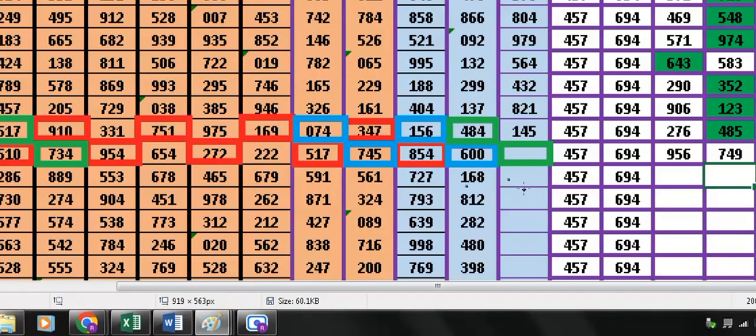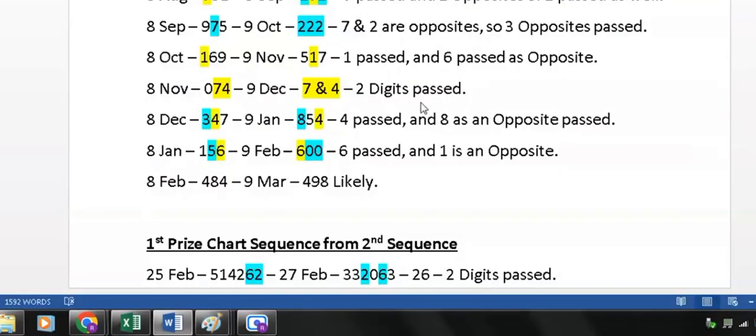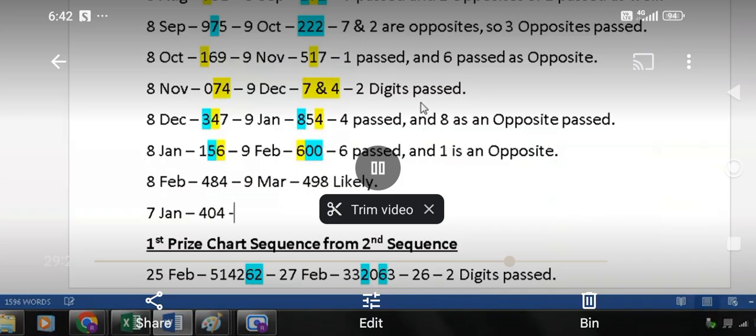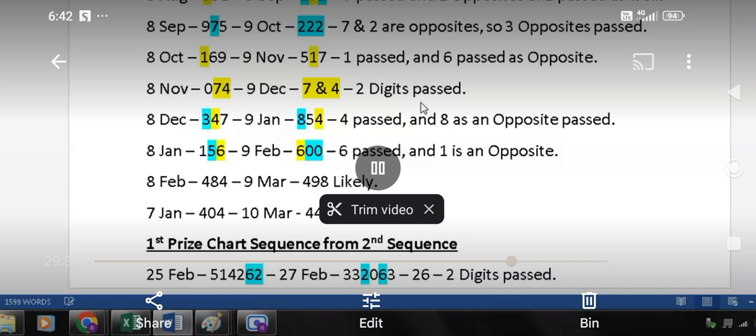From this sequence, I picked up another sequence going 2 days back. If you see, you pick up the sequence from 7th of Jan, you see 404. This can come as an opposite. 40 can give way to 95.